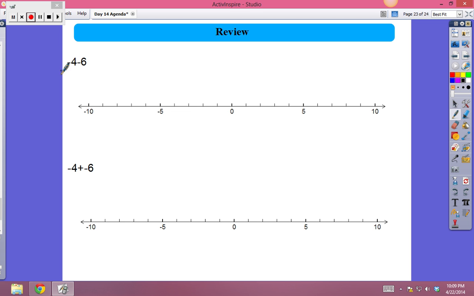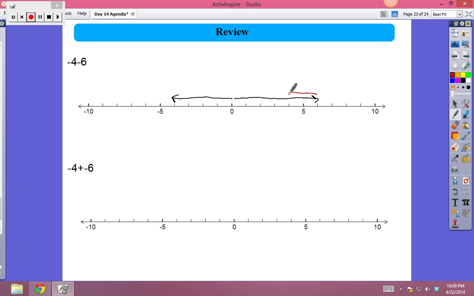Okay, negative 4 subtract 6. The vector is negative direction, magnitude 4. And then this vector is actually a positive 6. So we're going in the positive direction. And I'm going to subtract. So subtract means I need to change the direction of this second vector.